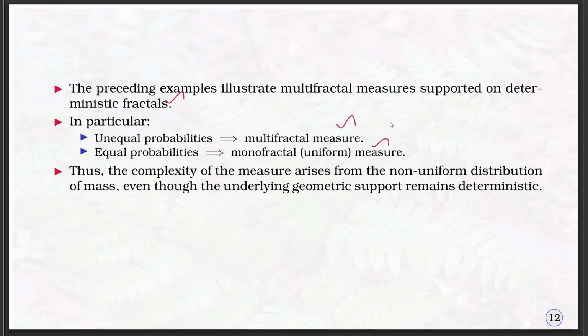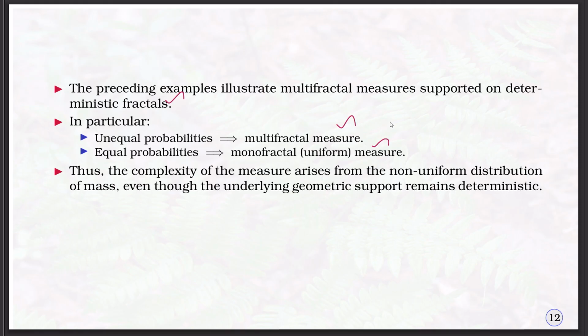That means alpha is a fixed value, it is a constant, therefore f of alpha also is a constant. If we draw it, we will get a single point that equals the box counting dimension, that means the fractal dimension of the object. So, in the equal probability case, one can get the monofractal for a uniform measure.